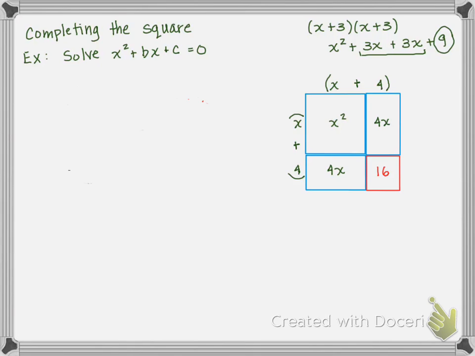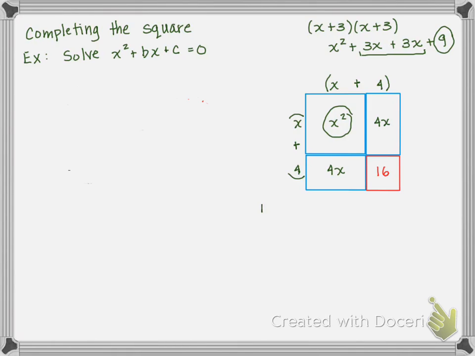Notice that the coefficient of x squared is 1. You can only complete the square if the coefficient of x squared is 1, because the whole thing rests on this square right here that has an area of x squared. If that first term was like 2x squared, we can't make a square to represent that, right? It would have to be like 2x by x, which isn't a square.